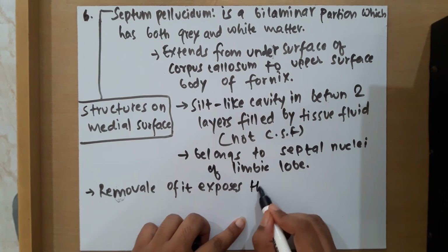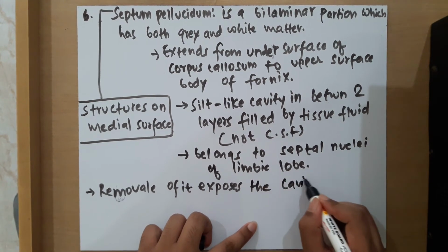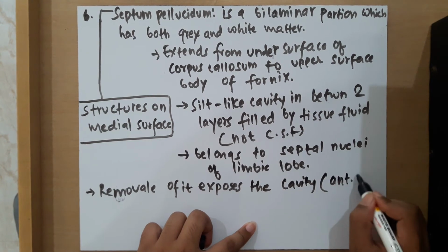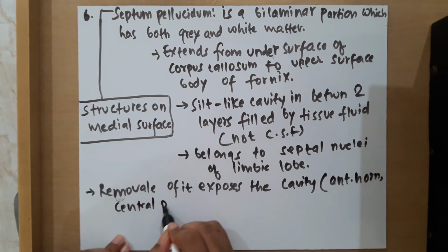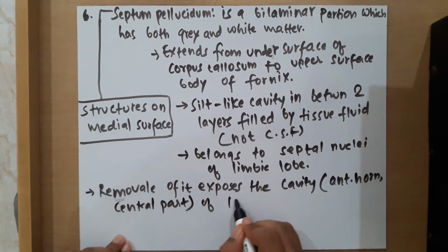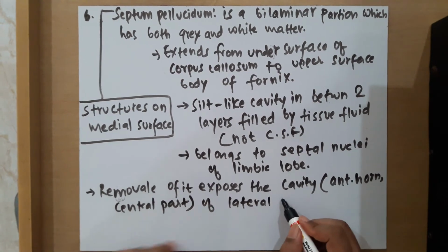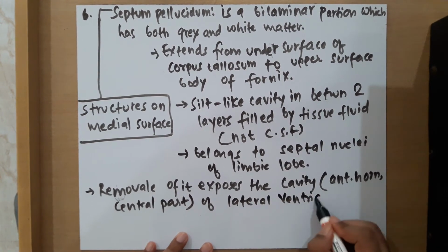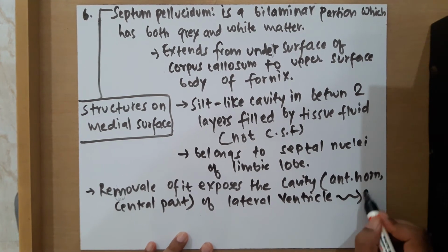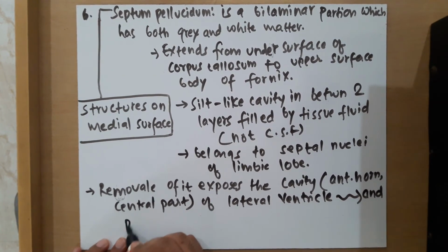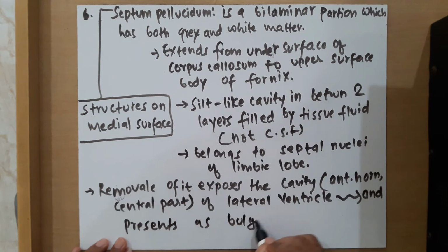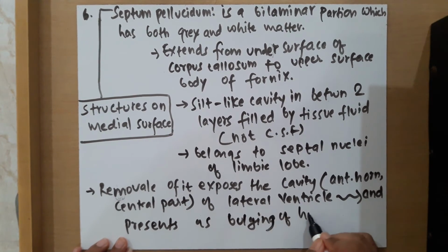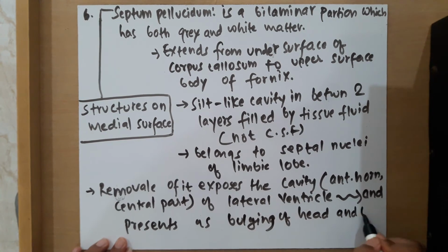Removal of it exposes the cavity, particularly the anterior horn and the central part of the lateral ventricle, and this presents as bulging of the head and body of caudate nucleus.